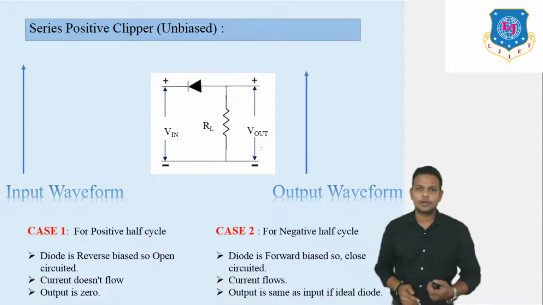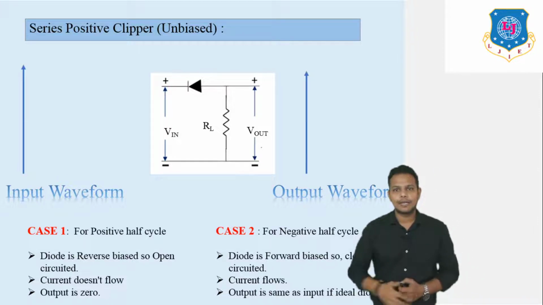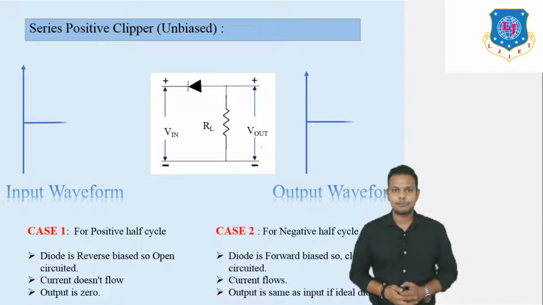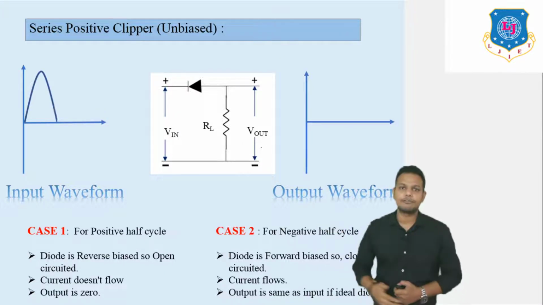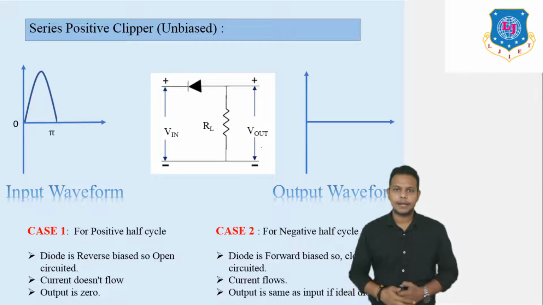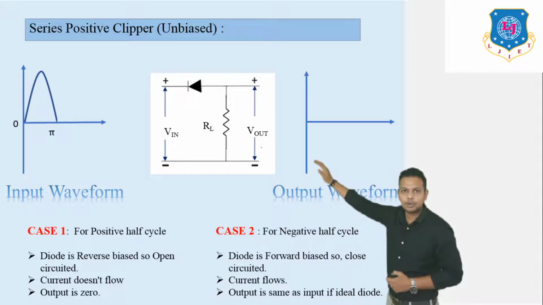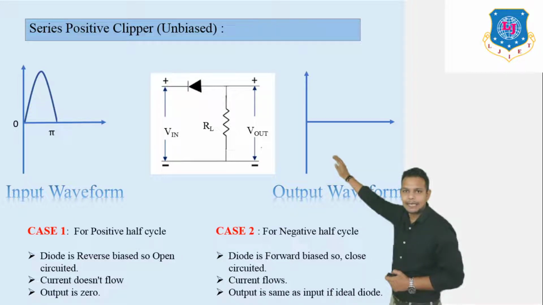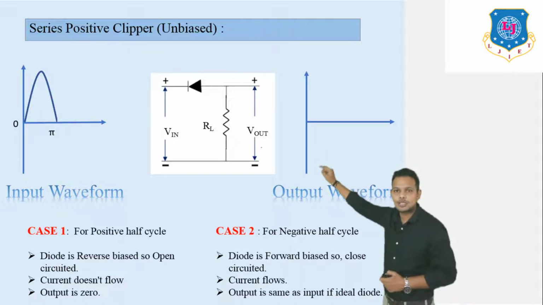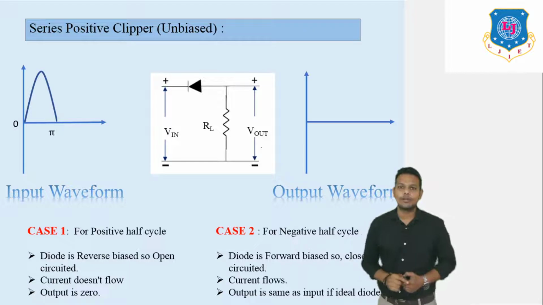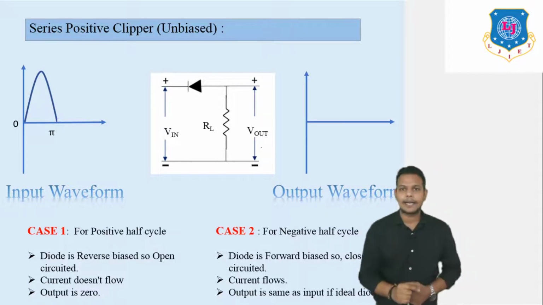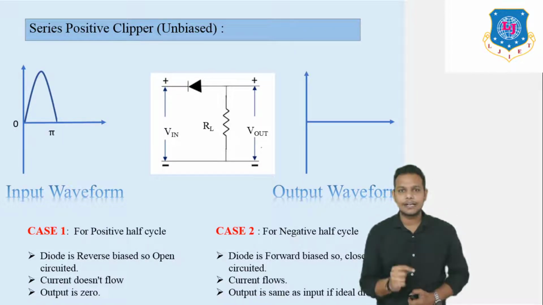So we are going to enter a waveform in this circuit diagram. First, this is the positive waveform, 0 to pi. If we enter 0 to pi in this circuit diagram, that means your current is flowing from plus to minus. If your current is flowing from plus to minus, at that time your diode works in reverse bias.